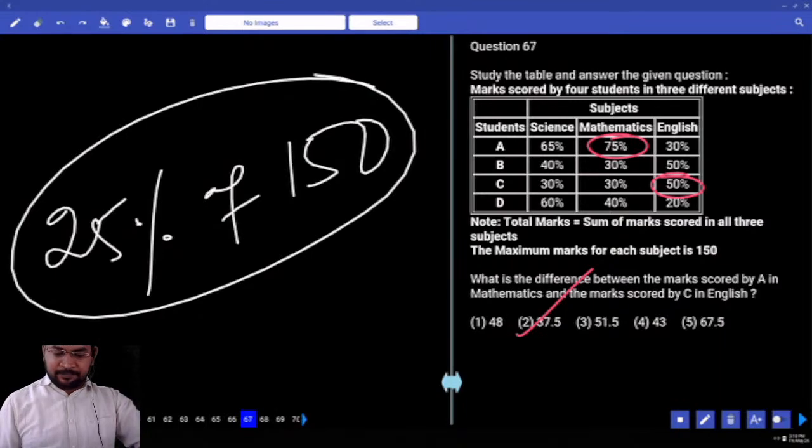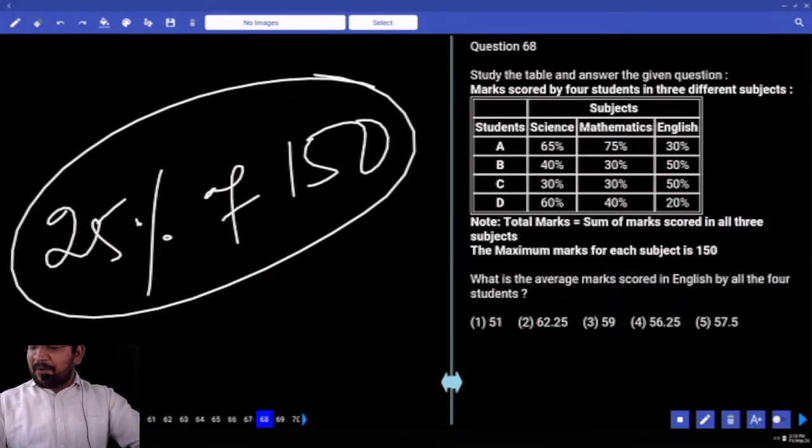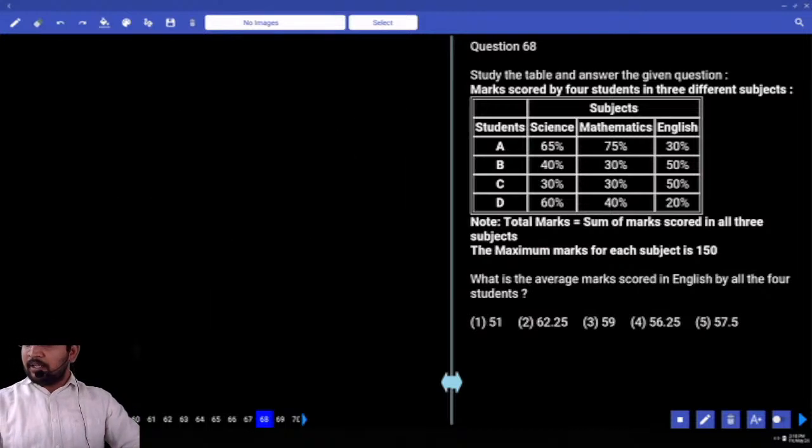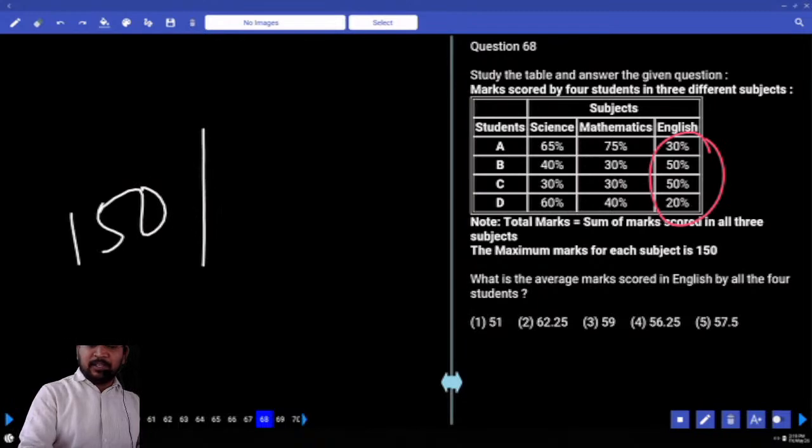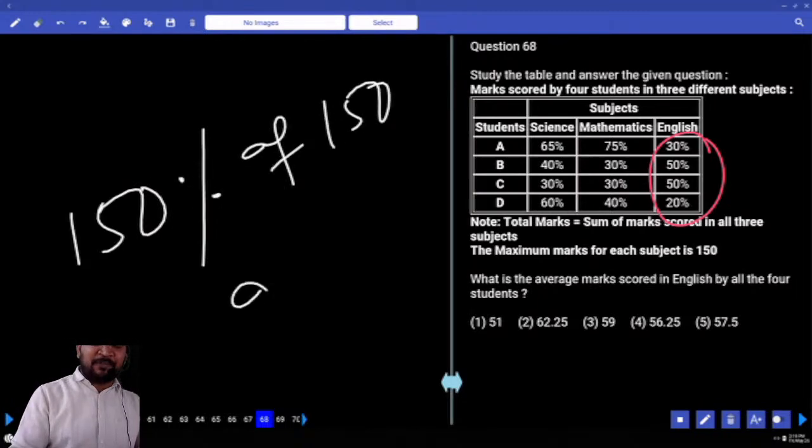Are you ready? What is the average marks secured in English by all the 4 students? English, first of all, total is how much? 150%, 150% of 150. 150% of 150 is nothing but 225.